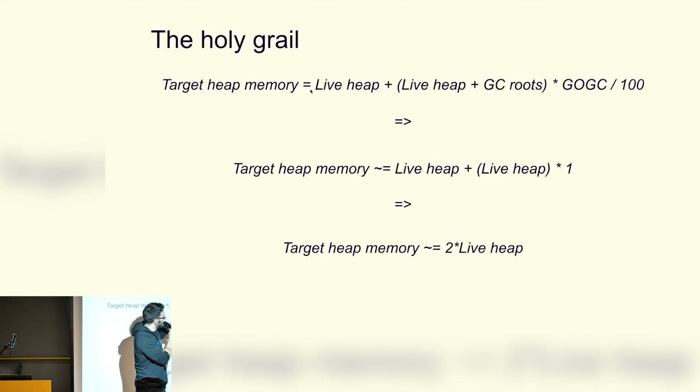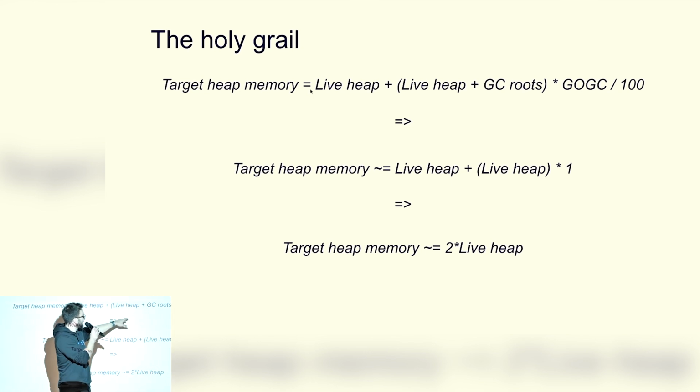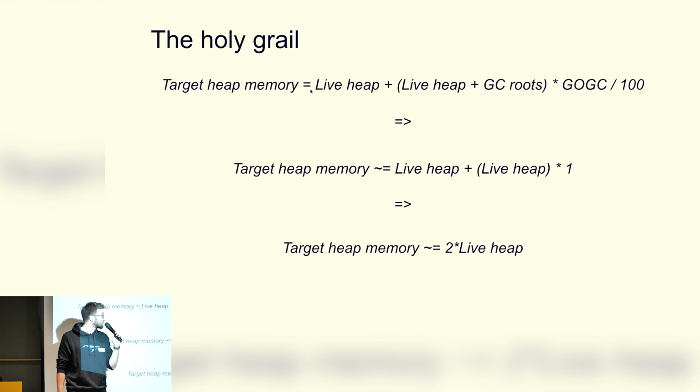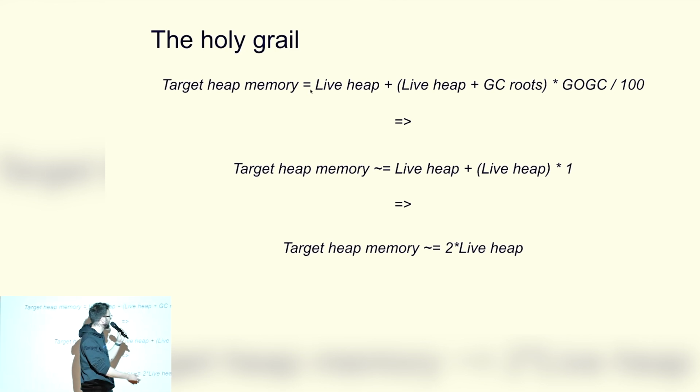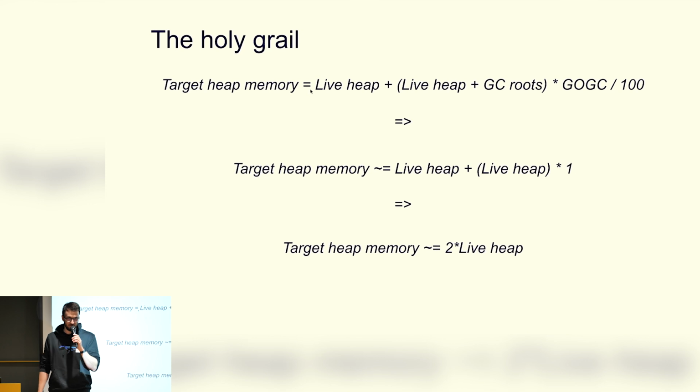It then sums again the live heap size with GC roots. GC roots is, let's say, a variable in this formula that represents the references to the objects which the garbage collector is supposed to free. And then there is the environment variable GOGC divided by 100. The GOGC is by default 100.